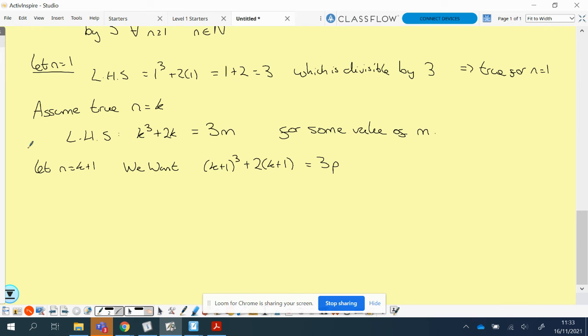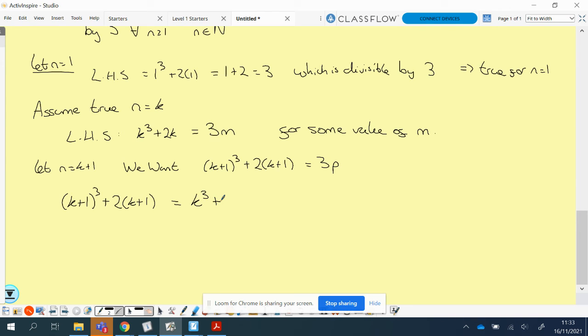So we're going to start off with k plus 1 cubed plus 2 lots of k plus 1. Now, if I multiply all this out, remember you actually know the quick way to multiply this out. You've got the binomial theorem, and if you remember Pascal's triangle, it would tell you the constants.